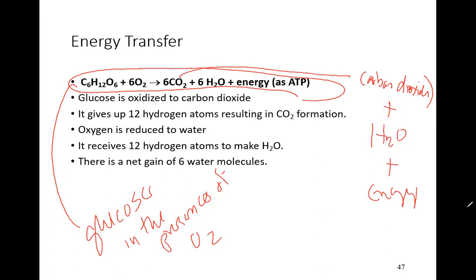The burning of glucose by oxygen releases carbon dioxide. It also releases water, and it releases energy. The energy that we use to do things in a large part depends on the presence of oxygen. And if it's working, we're going to be breathing out CO2. We give off carbon dioxide, we give off water, and we release energy that we use to make ATP.